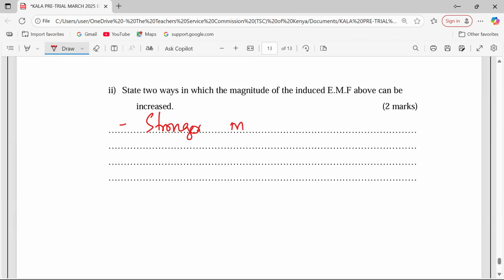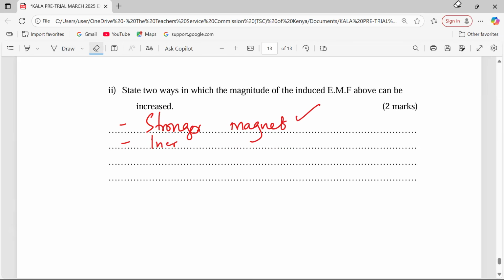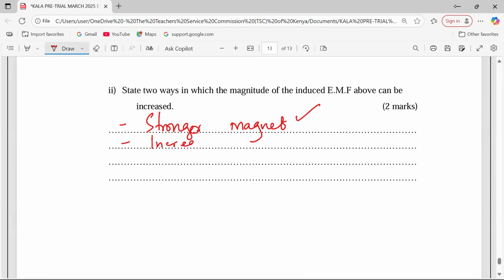Stronger magnet is one of the ways. Then after stronger magnet, we can talk about increased number of turns on the coil.